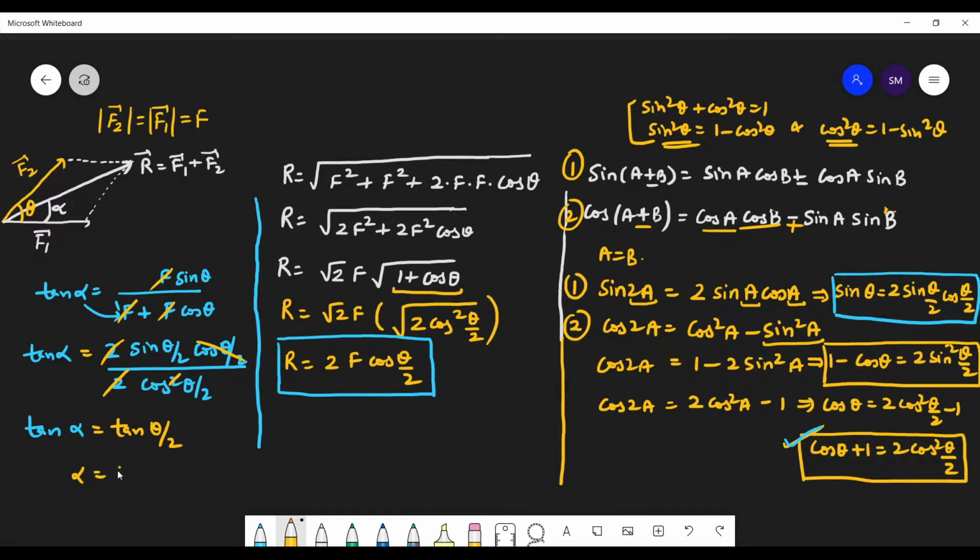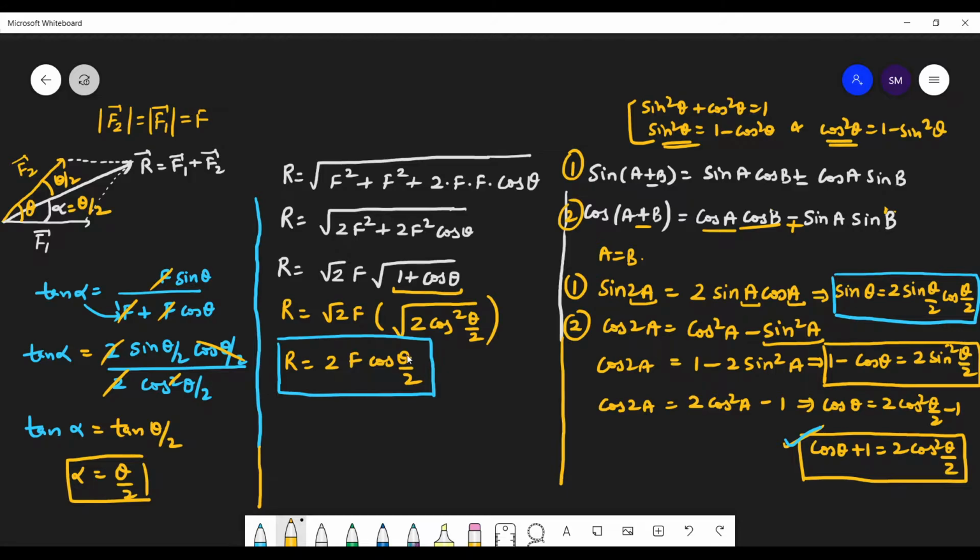So you can see alpha is equals to theta by 2. That's the obvious case, theta by 2 on this side and theta by 2 on this side, because these forces are equal in magnitude. So we have proved it.